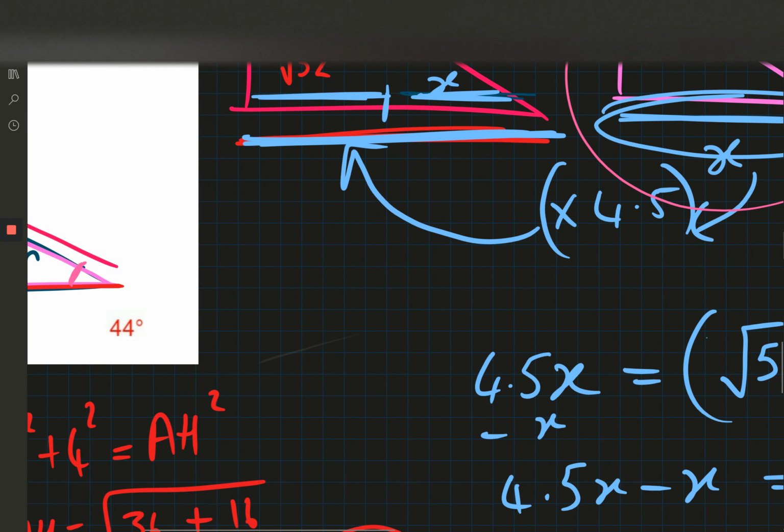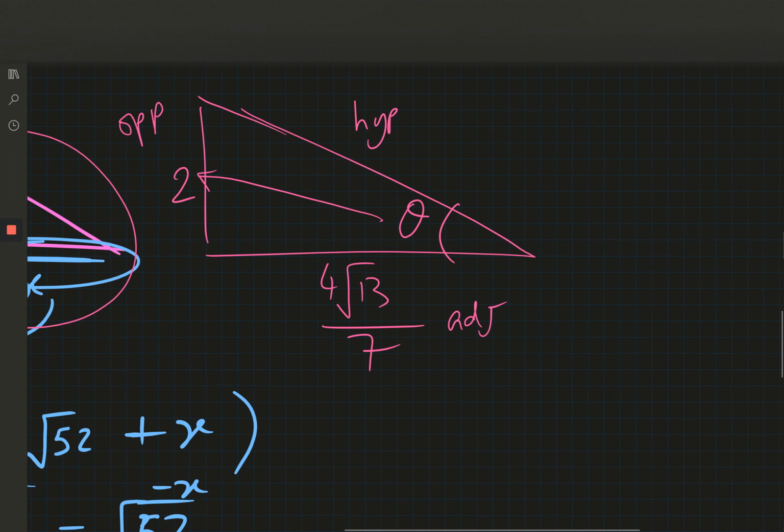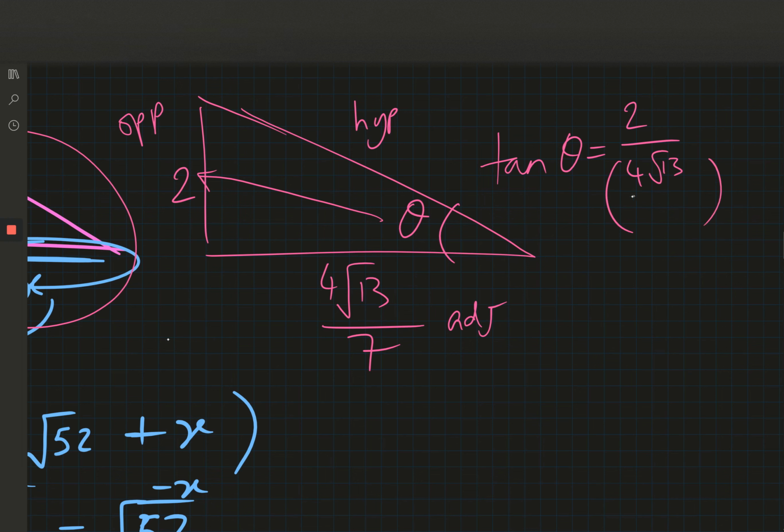So we have the opposite, we have the adjacent, we don't need the hypotenuse. So tan theta equals opposite, which is 2, over adjacent, which is 4 root 13 over 7.